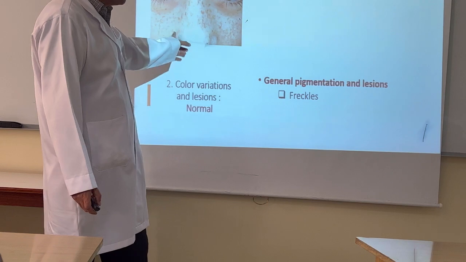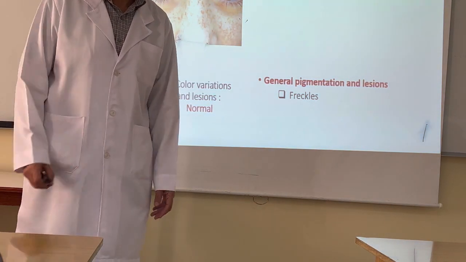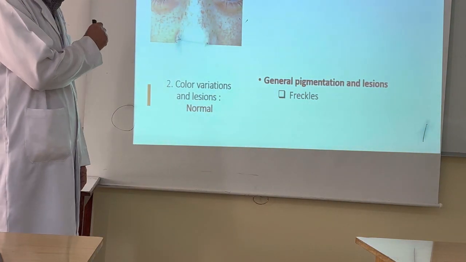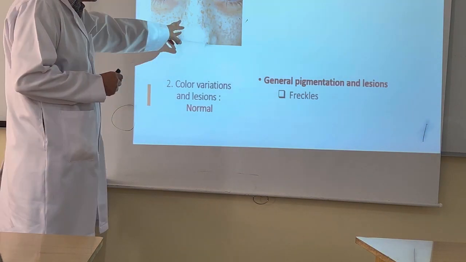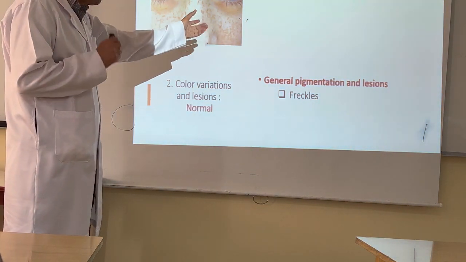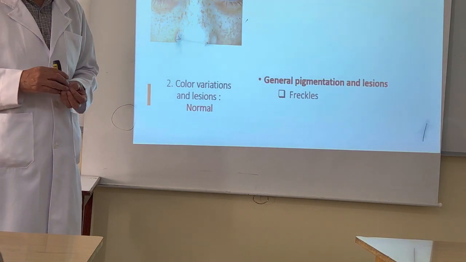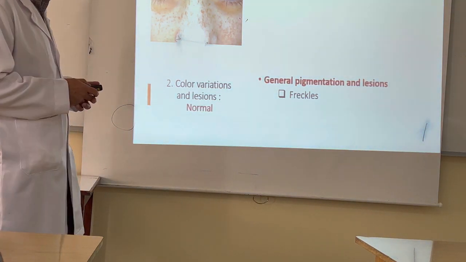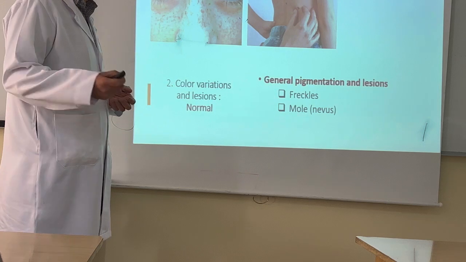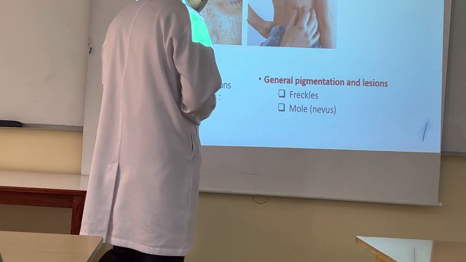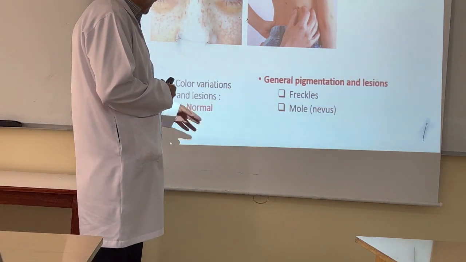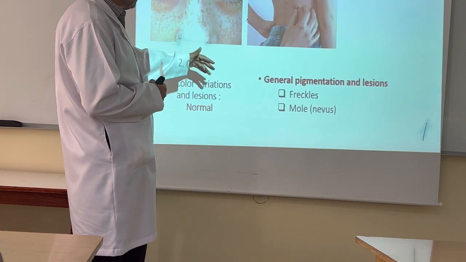Here there are freckles, some pigmentation, some loss of pigment here and more pigmentation. It might be due to exposure to sunlight. It might be sensitivity to sunlight. It might be other diseases. So color variation and lesion might be normal.